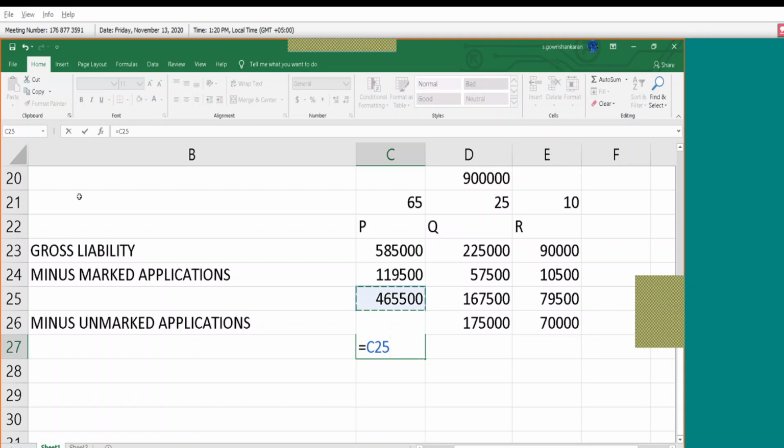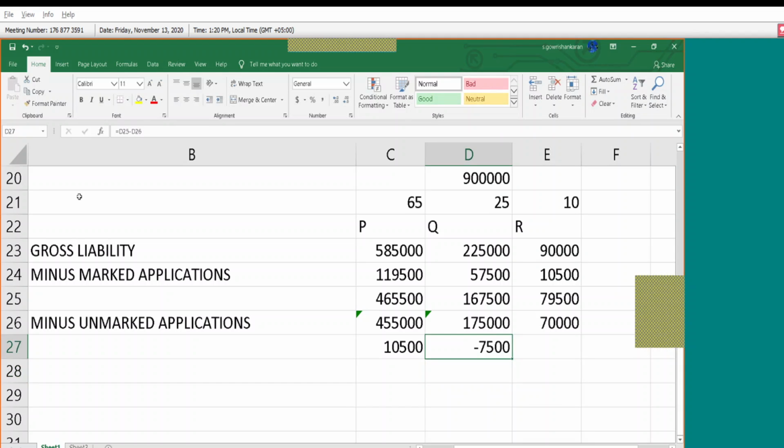What happens? 10,500, 7,500, 9,500. In Q there is an excess application, because it is in minus.